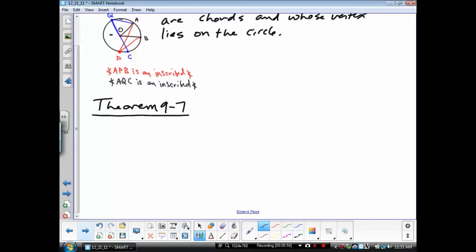So Theorem 9.7 says the measure of an inscribed angle is equal to half the measure of the intercepted arc.